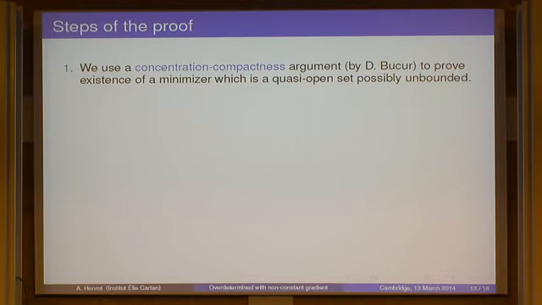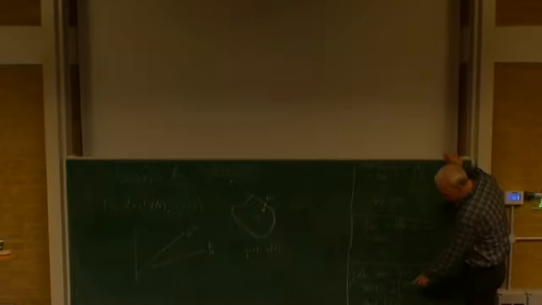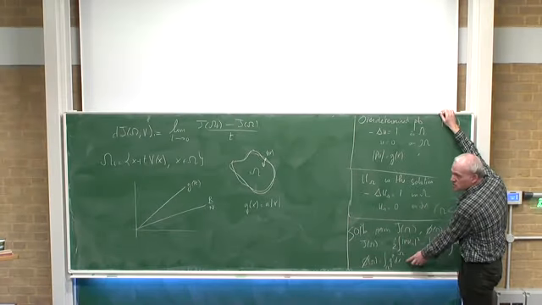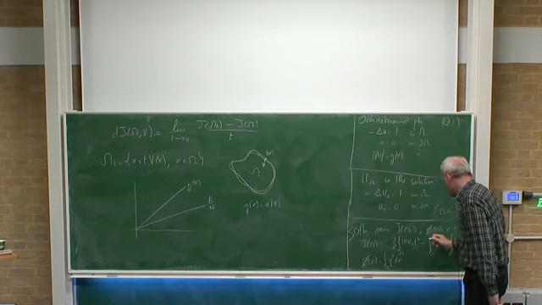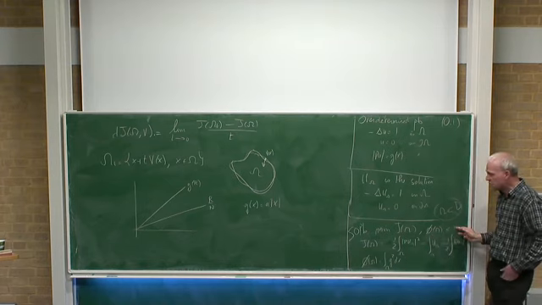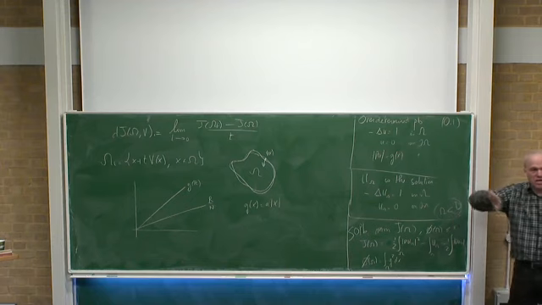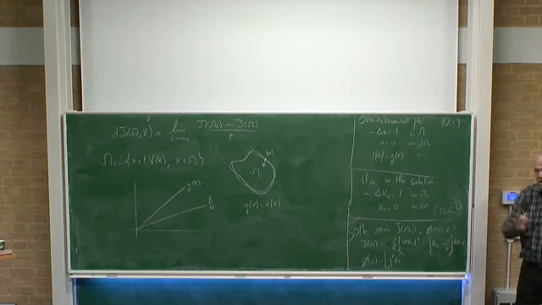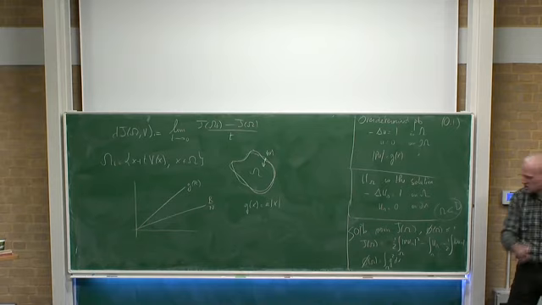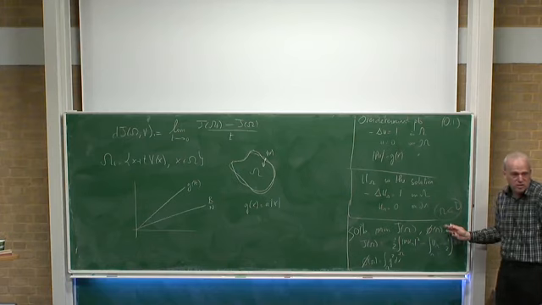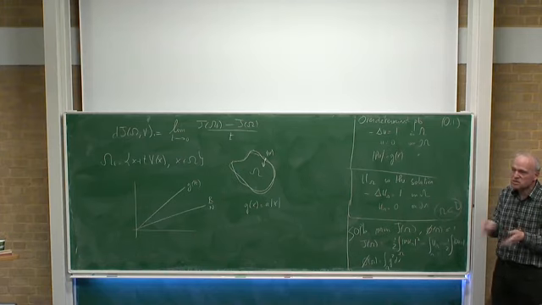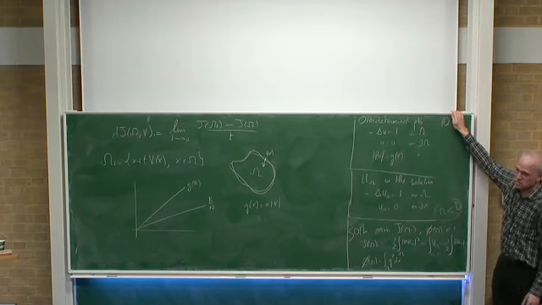And this, in our context, is forbidden because of the constraint. The constraint was that phi of omega is to be less than 1, and you remember that J goes to plus infinity at infinity. So if some part of omega of positive measure goes to plus infinity, this constraint will be violated. So the dichotomy process is not possible.